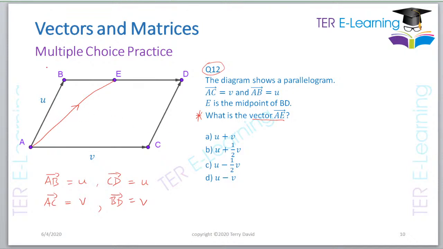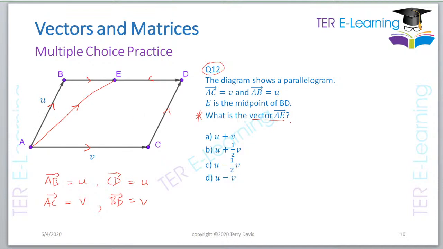Now, let's look at the diagram. If I want to get the vector AE, I can go from A to B and then B to E. Now there's an alternative option. You can go A to C, then C to D, and then D to E. But that looks a little longer, so I would go with the easier route.